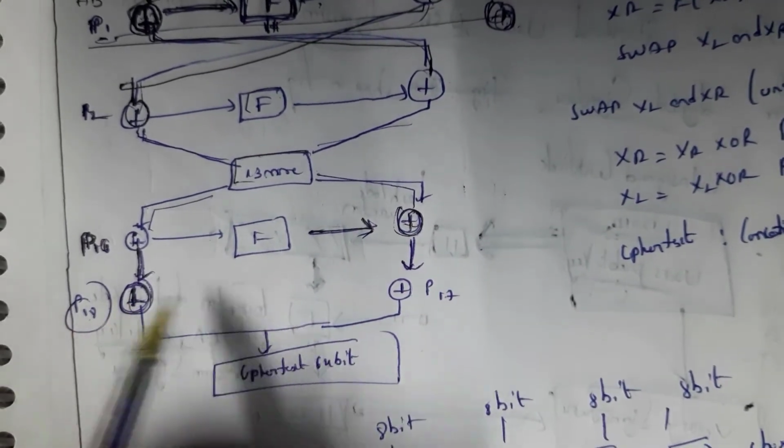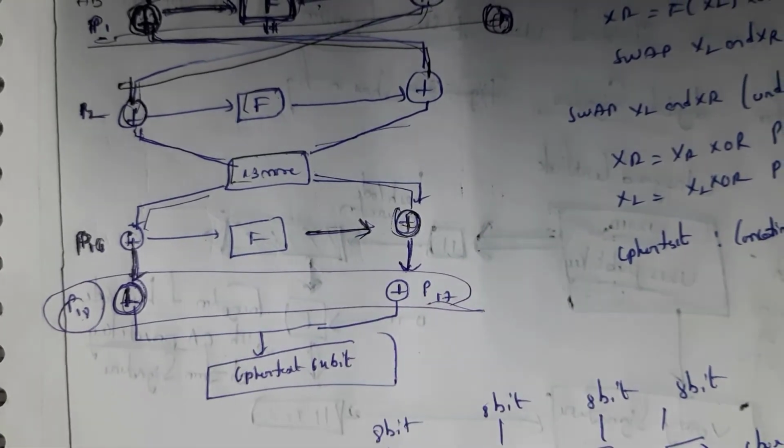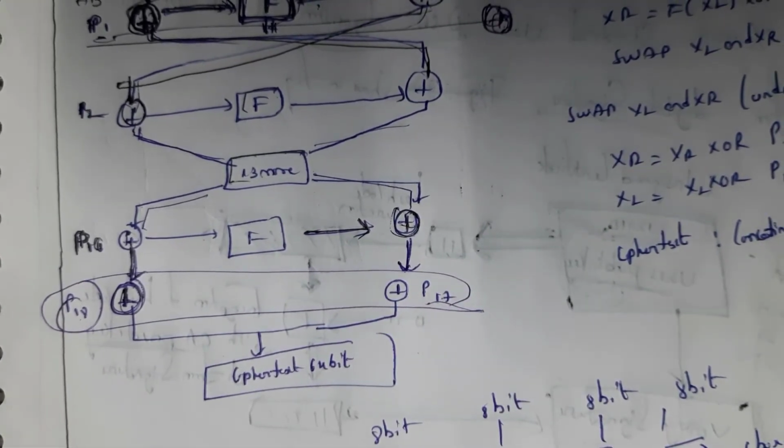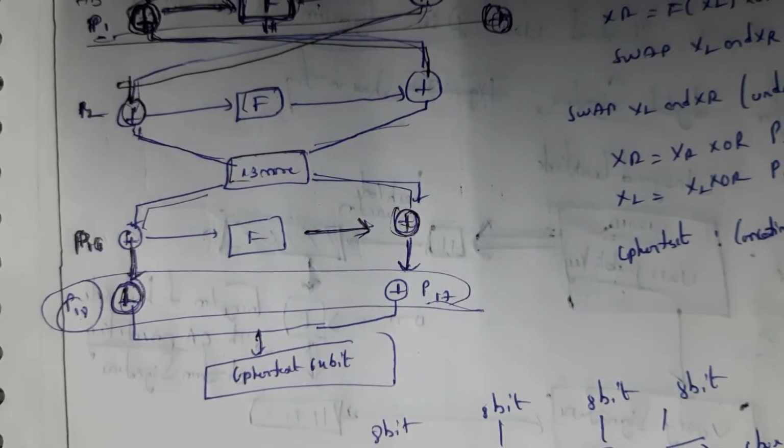This last process is known as process 18. After performing till process 18, the ciphertext is generated, which is of 64-bit. This is known as the Blowfish algorithm round structure.